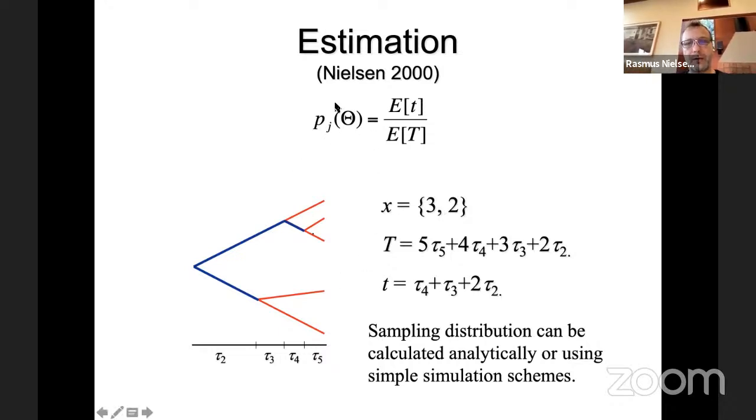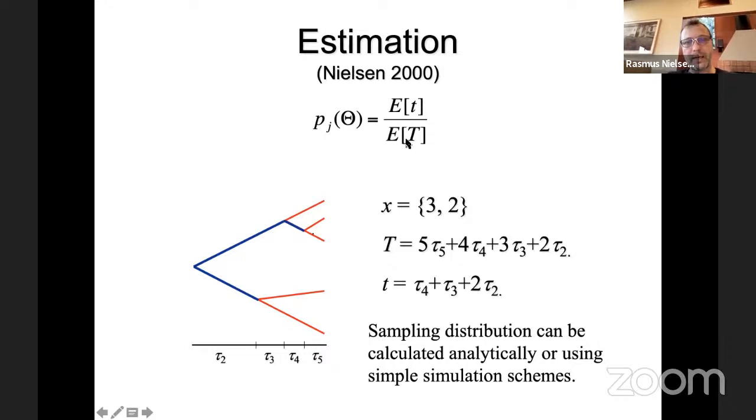So the probability of this is the expectation of 5 times the time in the tree that you have 5 lineages, because that's the length here, here, here, here, and here.